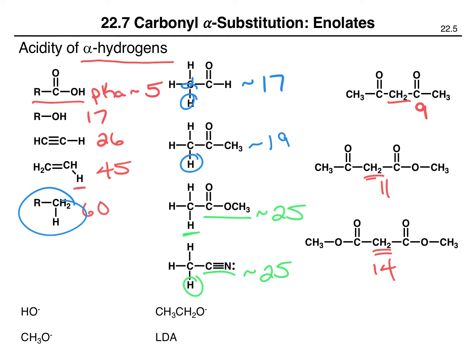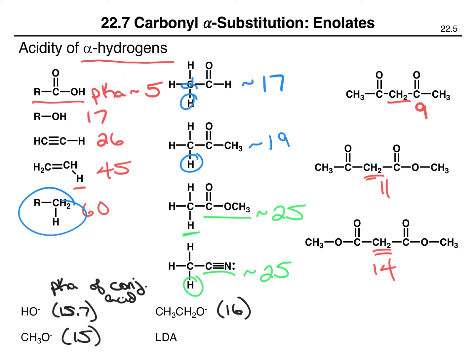Now, for comparison, let's think about some bases that we have talked about. And what we're looking at here then would be the pKa of the conjugate acid. So hydroxide, we're comparing water, which has a pKa of 15.7. Methoxide, we're comparing methanol with a pKa of 15. Ethoxide, ethanol is 16.